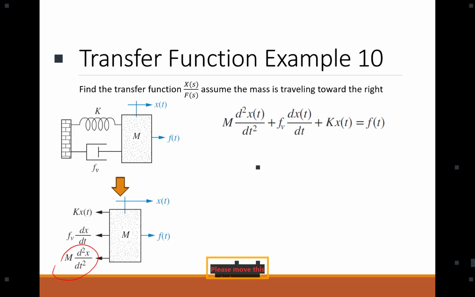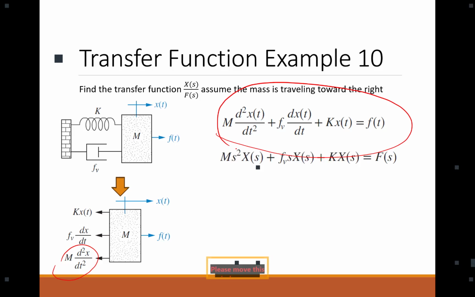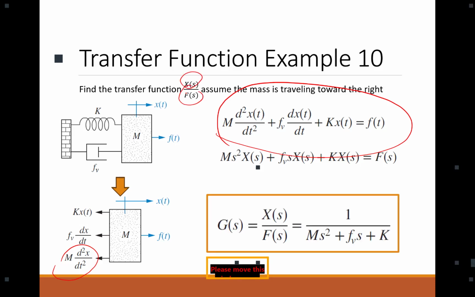On that place, the force and the system reaction should be equal to each other. This is a mechanical concept. If this is the equation, we know how to run a Laplace transform on that. And if we have the Laplace transform and want to find X(s) over F(s), then it's easy.